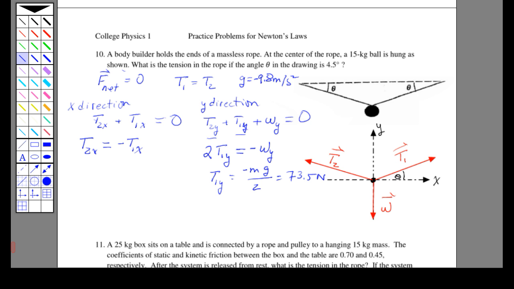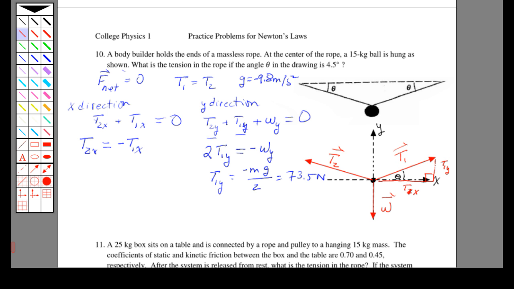Well, if we go back to our free body diagram, note we have this triangle right here. T1y and T1x are the sides of that right angle triangle I just drew.